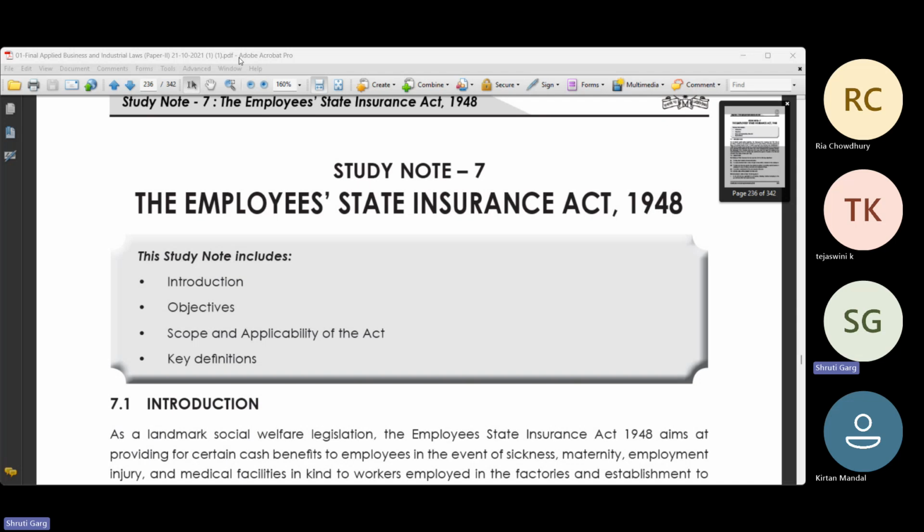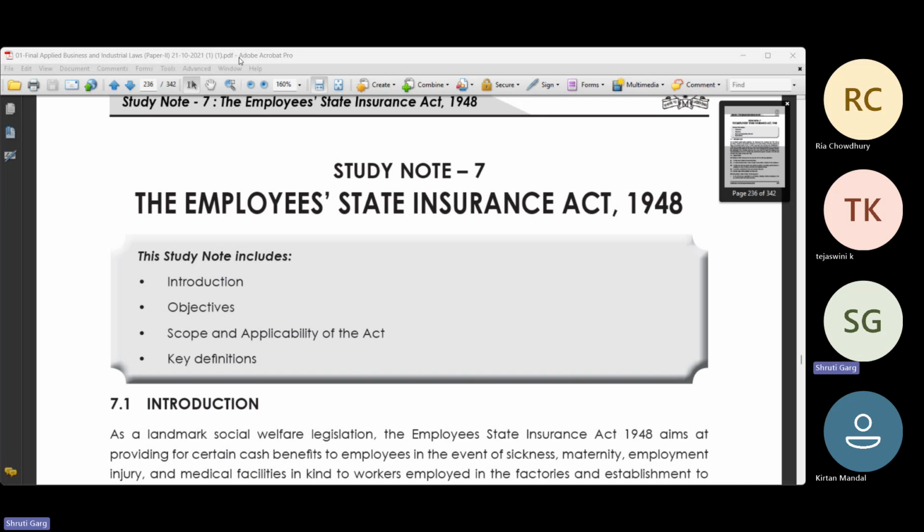Before starting the chapter, I will tell you some basics about industrial law. What is industrial law? What does industrial law cover? Basically, industries. What are industries? Where manufacturing, production, or some kind of factory work is done, wherein production or manufacturing activities are carried out.